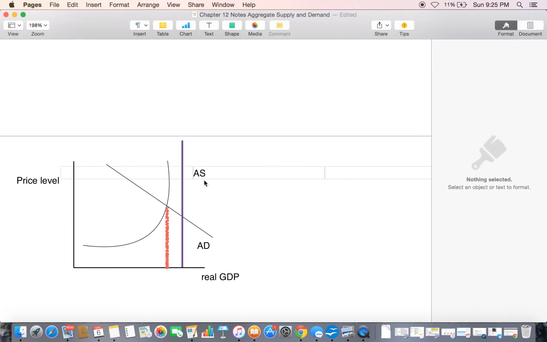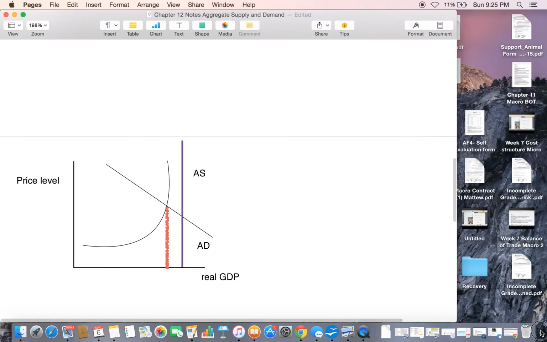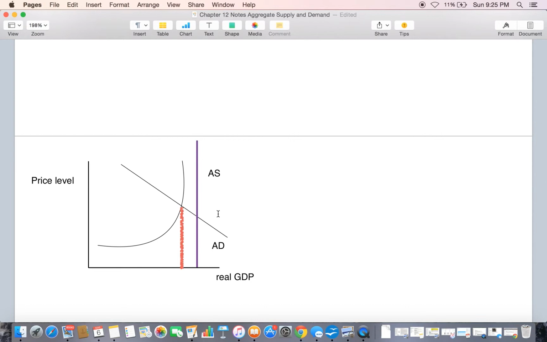If, for example, aggregate supply increased substantially because gas prices went from $6 back down to $3, we would see aggregate supply shift back. Again, our potential GDP would dramatically change. So our potential GDP would now become this amount versus what it previously was when energy prices were much lower.